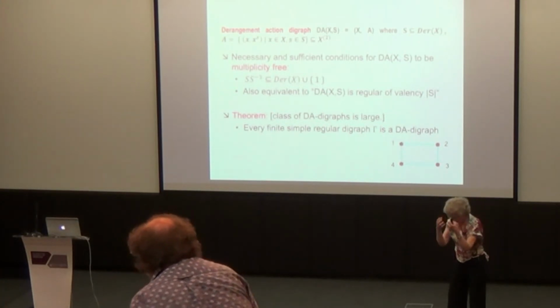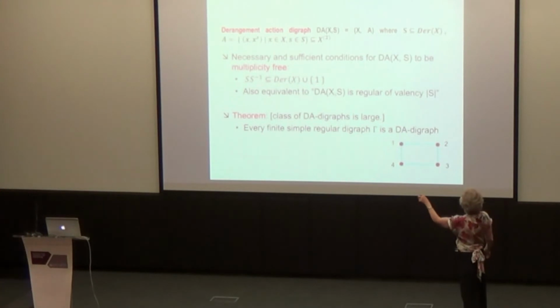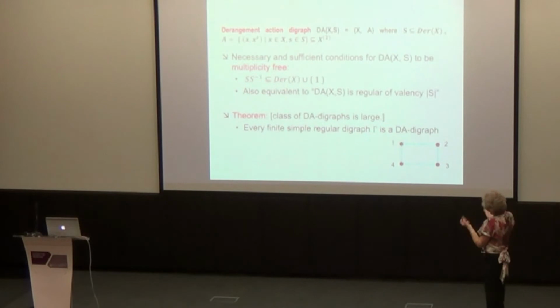And insisting that you must get a derangement is equivalent to obtaining a derangement action digraph that is multiplicity free. Turns out that this is also equivalent to the derangement action digraph being regular of valency as large as it could be. I thought that's kind of interesting, but I want to tell you about our first substantial result.